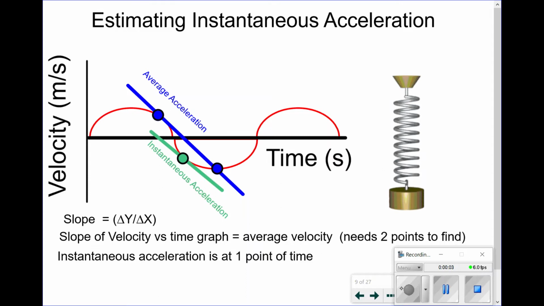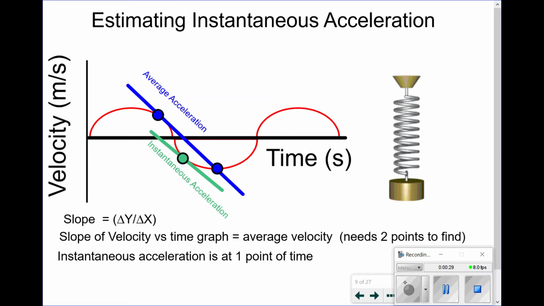When looking at a velocity versus time graph, if a person wants to find the instantaneous acceleration, which is the acceleration at one moment in time, and they do not have a working understanding of calculus, they run into a mathematical roadblock. The reason for the roadblock is the fact that acceleration is the change in velocity over time, and we often learn that that is the slope of a velocity versus time graph.